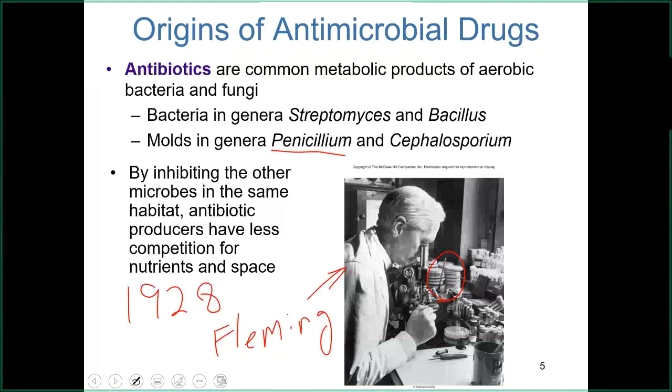And it just so happened that coincided with World War II. So at the beginning of World War II, they were using another drug, which is purely synthetic, sulfa drugs, which are pretty effective, but this gave them another weapon in their arsenal.